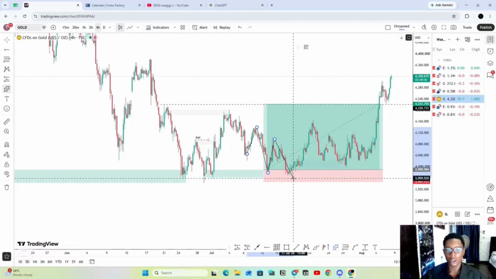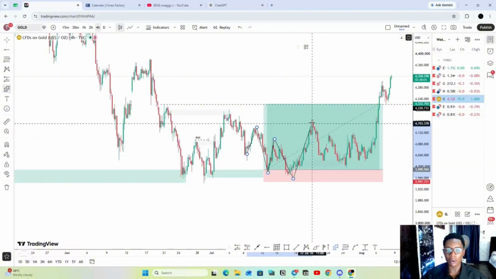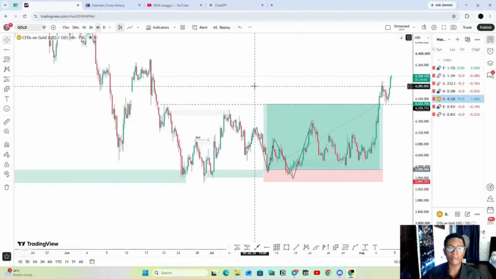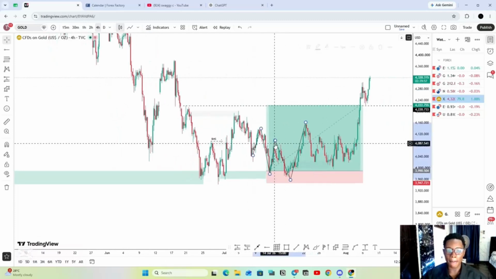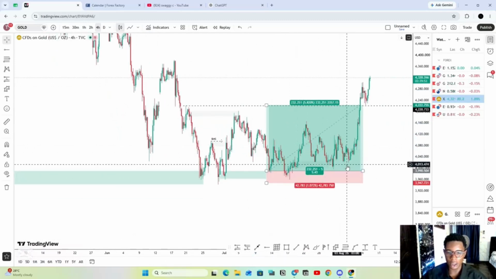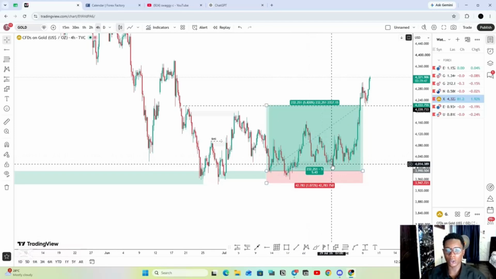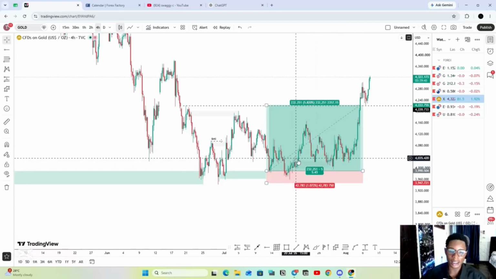And then we came back, broke below this low, created a new lower low, and then we broke above this high, which gave us another buying opportunity. But I was already on a buy, and I had 3 positions running already, so I decided not to participate in this. You can see how gold rallied up.